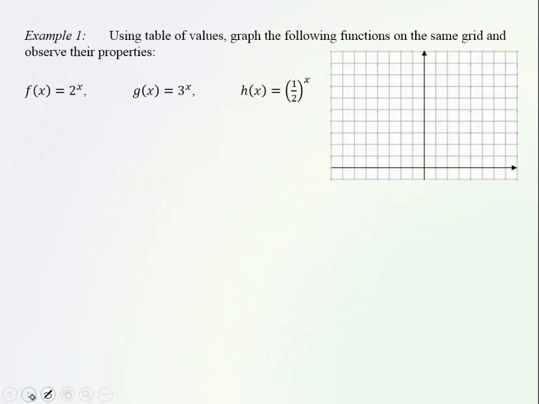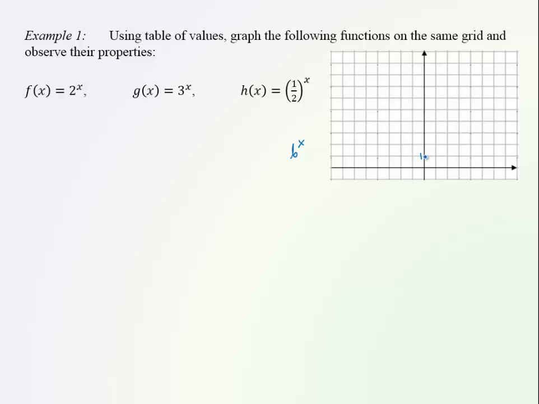Let's graph more exponential functions and observe the graph and the base that is used for the exponential function. So the first one, 2 to the x, we already graphed on the previous slide. Let's repeat those numbers. So at 0, it's always 1. So no matter what the base is, the graph of any function of the type b to the x will go through the point 0, 1.